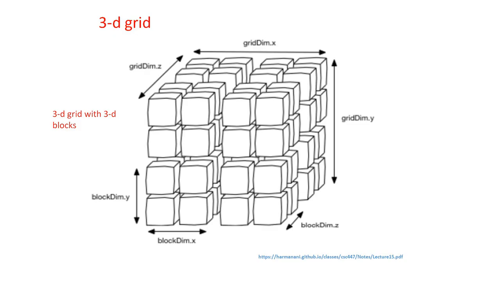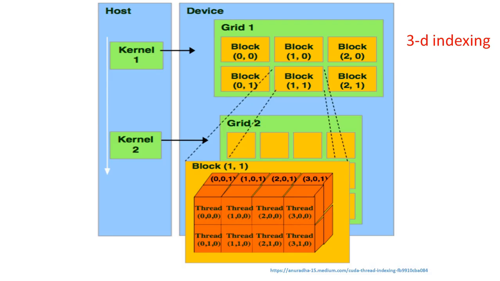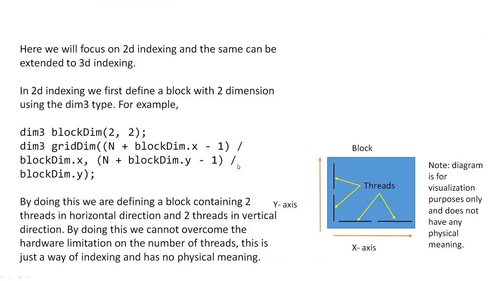So that is also possible. Now when we launch a kernel, we have to index it correctly so that we will be able to get the matrix form of indexing.